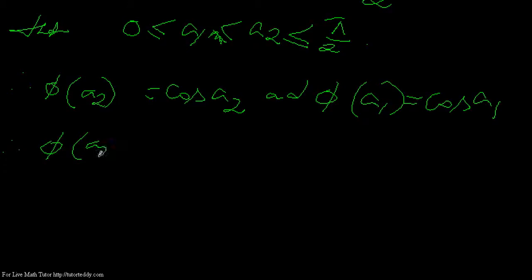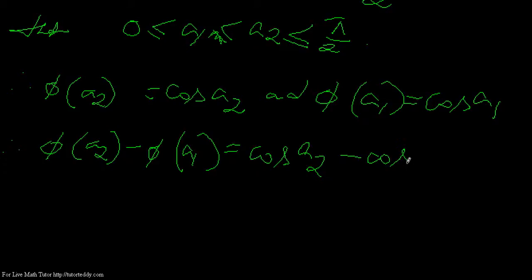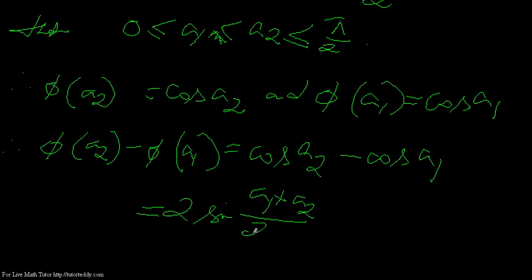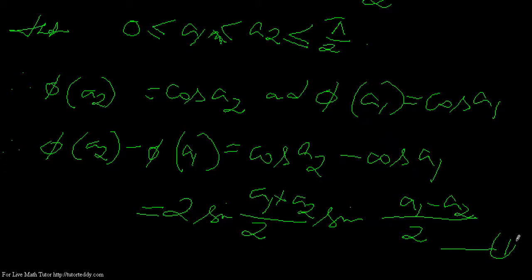That means phi a2 minus phi a1 equals cos a2 minus cos a1, equals, we change this using the formula, which is 2 sine of (a1 plus a2) over 2 into sine of (a1 minus a2) over 2. This comes from the formula, and we mark this as equation number 1.